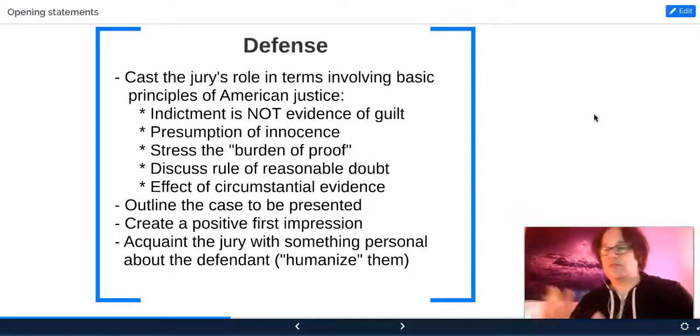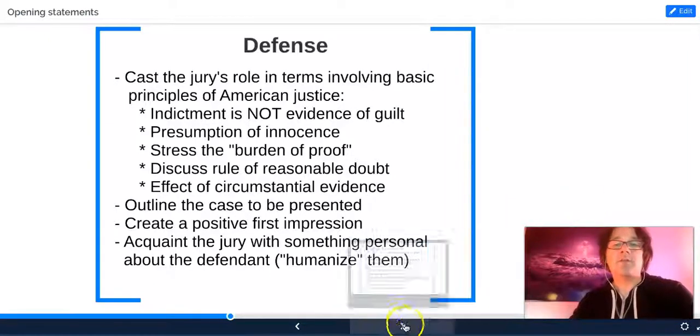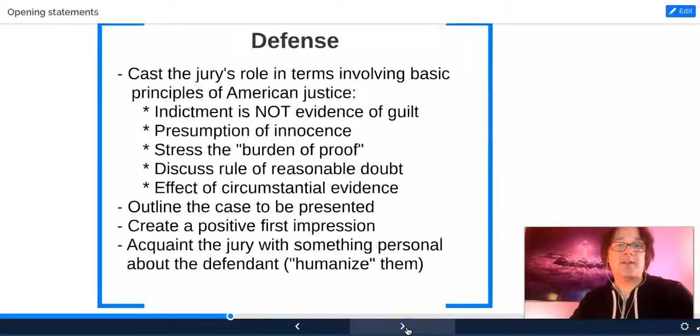You might want to, in that opening statement, talk about their kids, or how much they love their dogs or something like that. How much charity they do. Something that's going to make them look like a good person in the eyes of the jury. So the opening statement for the defense should try to humanize the defendant somewhat.